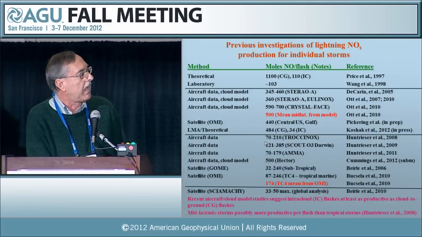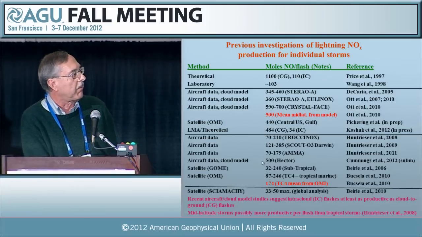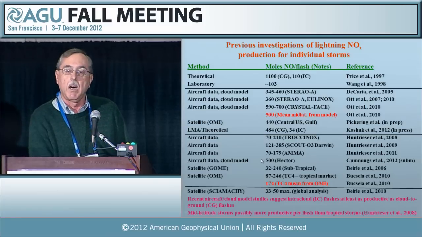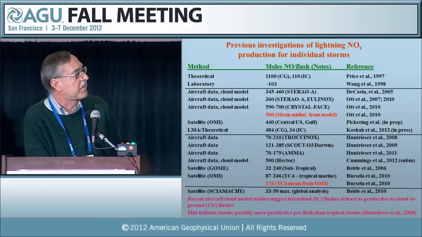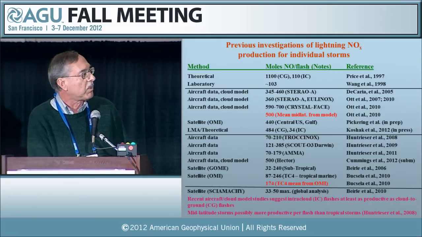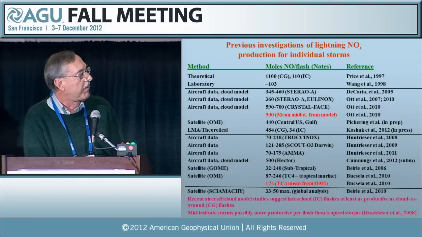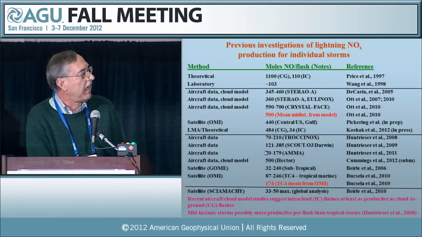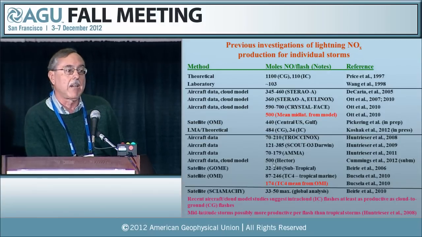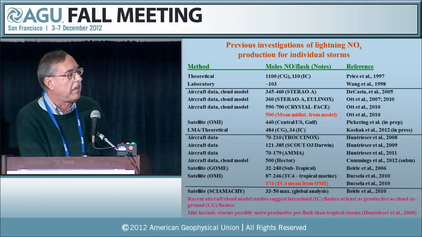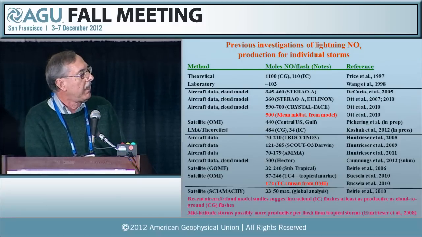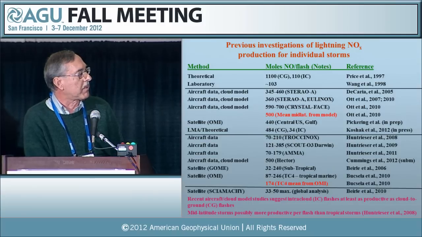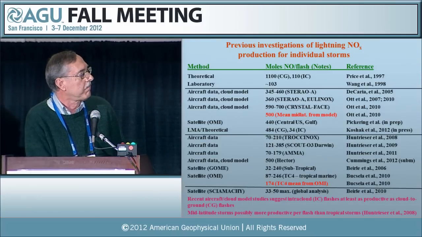Aircraft data have now been analyzed in the tropics for several experiments that were conducted under European sponsorship, and there's been a range all the way from about 70 to 380 moles per flash there. We've done cloud-resolved model estimates for a Hector thunderstorm in the islands offshore of Australia and come up with 500 moles there. Satellite observations in the tropics have been much less.